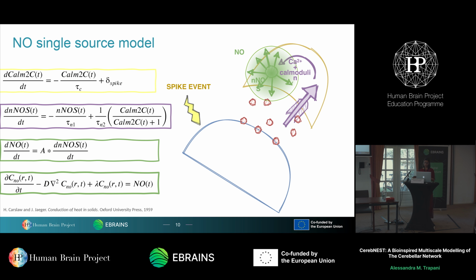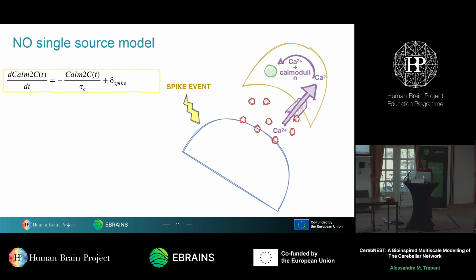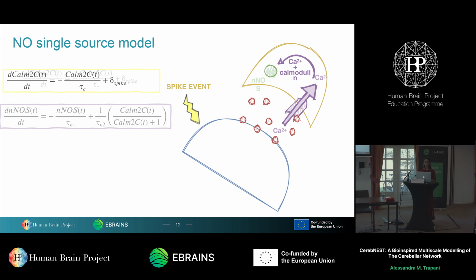So the single source model is pretty simple. We have three equations modeling the production of the nitric oxide and one modeling the diffusion. The first equation expresses the amount of calcium calmodulin complex that is formed after a spike event causes the influx of calcium in the postsynaptic neurons.